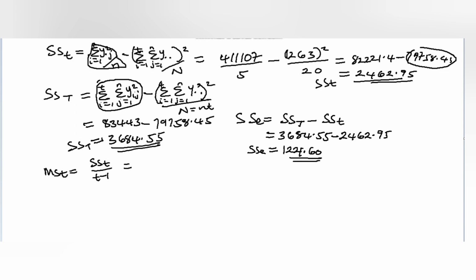So our SS treatment, 2462.95, divided by 4 minus 1, which is 3. If we divide this, we are going to have 820.98.